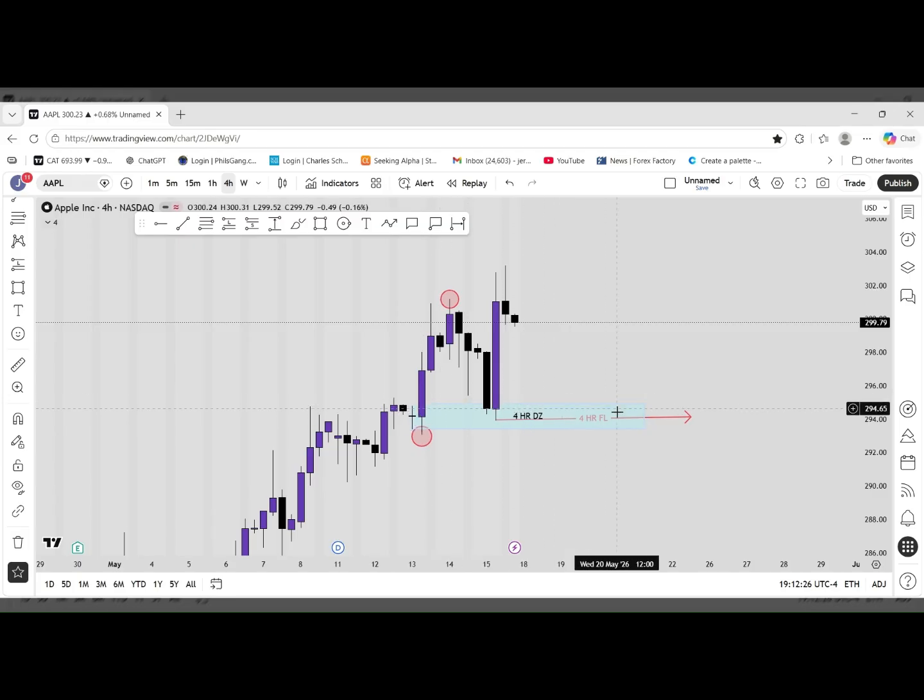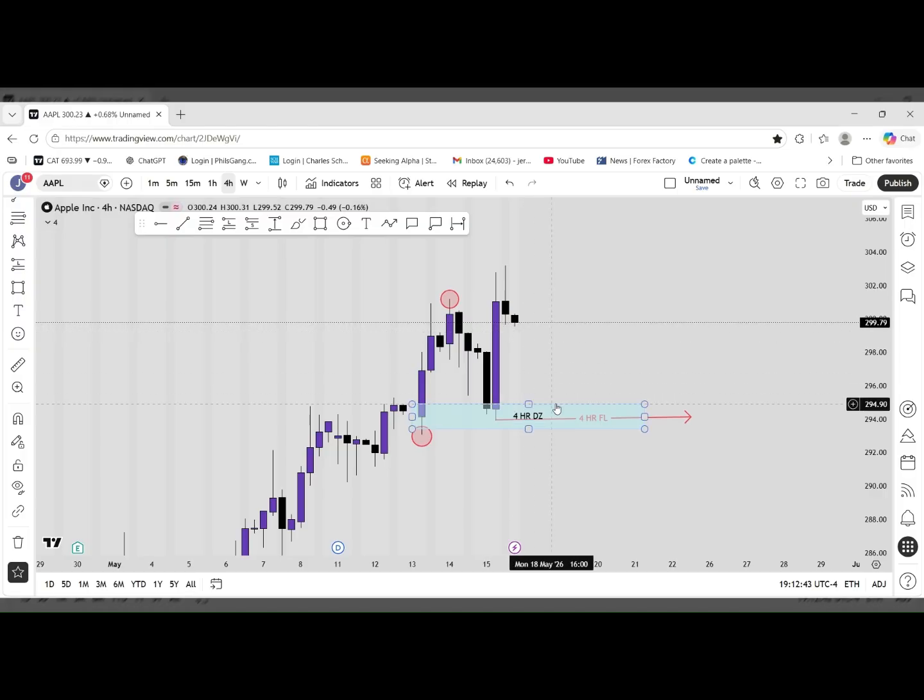You can think of this demand zone as acting like a trampoline, an area for price to bounce off of. Now, does it have to? No, it could come down here and keep going. If it does, then it just invalidates this setup structure.